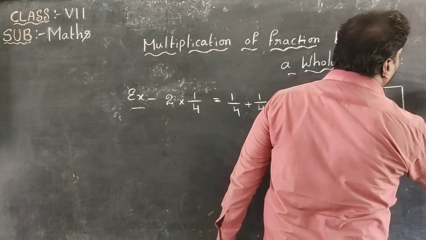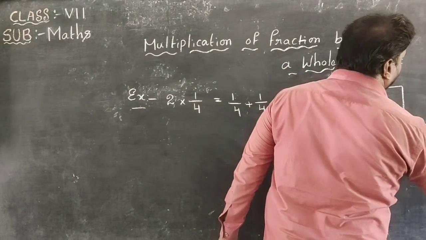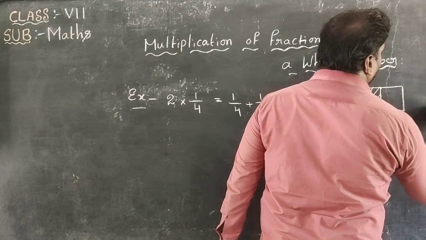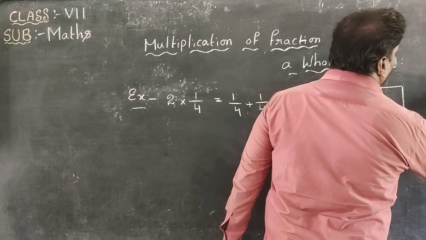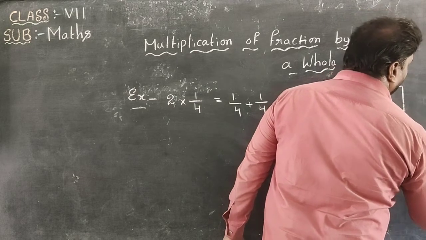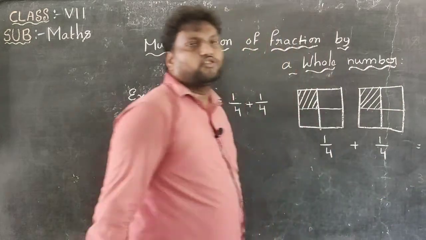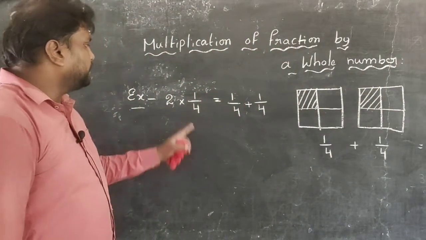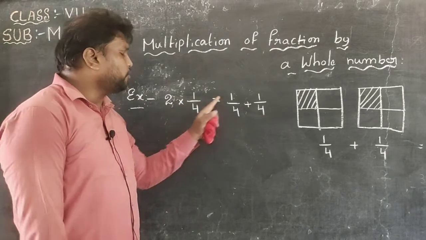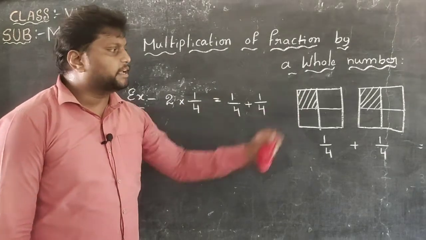It is 2 by 4. Multiplication is nothing but repeated addition. That's why 2 into 1 by 4 is equal to 1 by 4 plus 1 by 4. We'll get the answer 2 by 4.